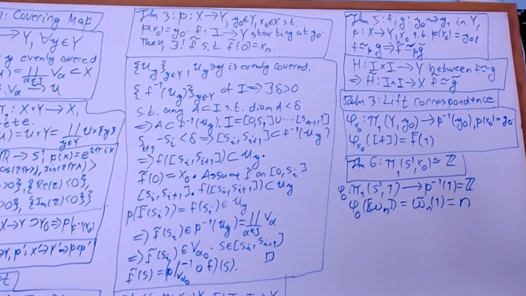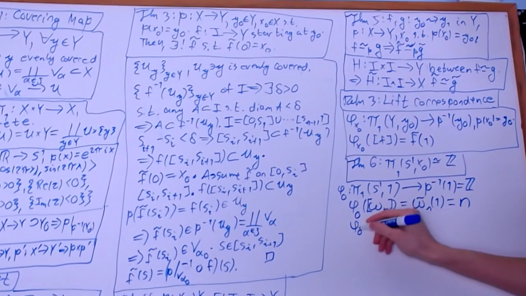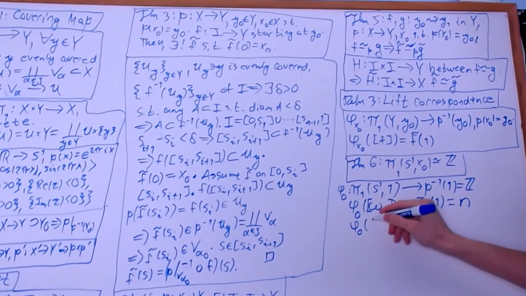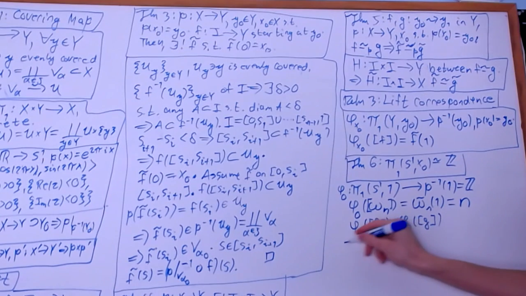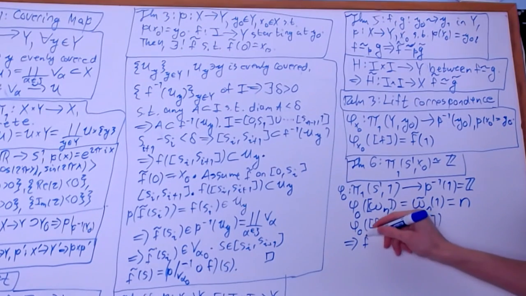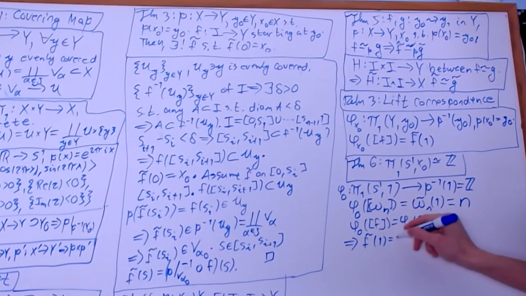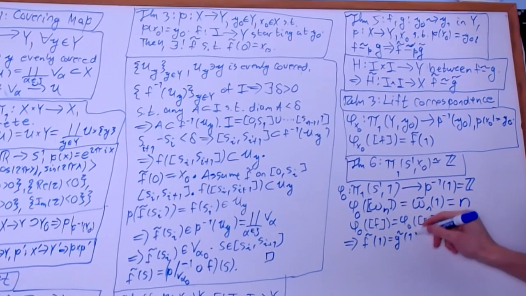Now, how do I know that it's injective? Well, I have phi 0 of, say, the equivalence class on f is equal to phi 0 of the equivalence class on g. What does that mean? Well, that just means that f tilde of 1 is equal to g tilde of 1.